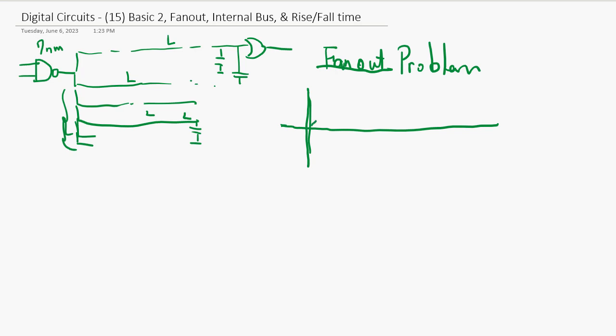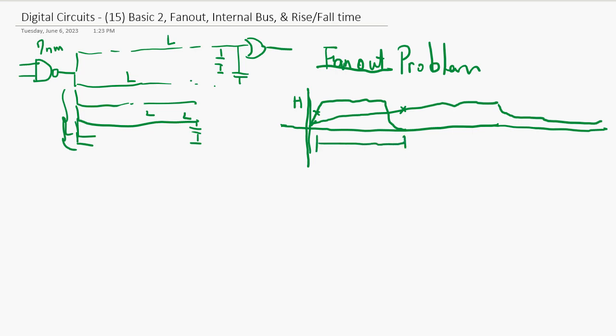The signal usually goes up to high like that, and goes low like that, exponentially, but it may go like that instead. So say this is the half point, you have this much extra delay.